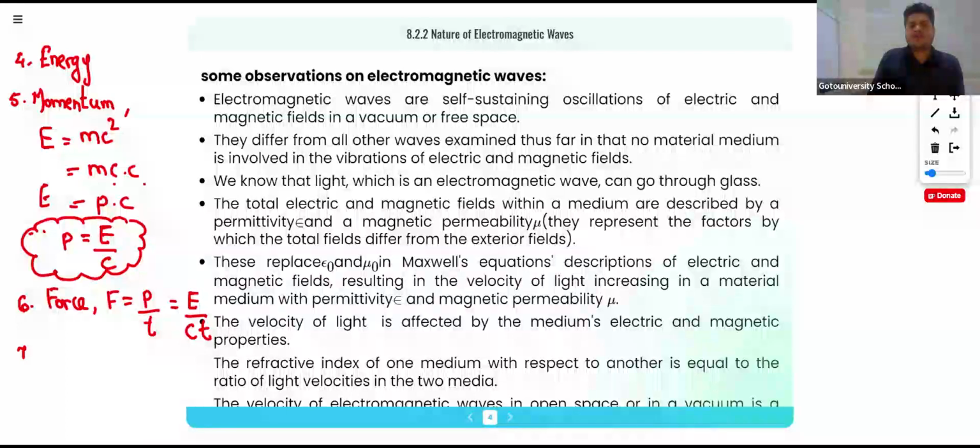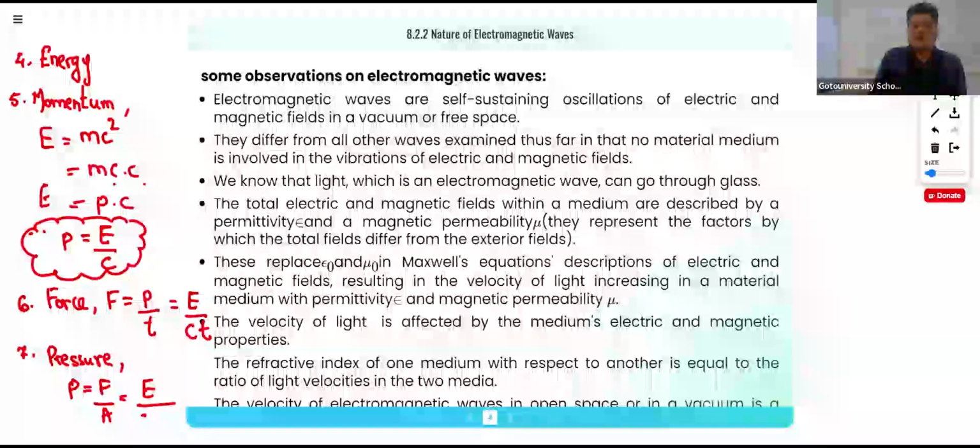Then the seventh one, we have pressure. What is pressure? Pressure is force upon area. Force is E upon ct, and area is A. So this is pressure: E upon ct into A.